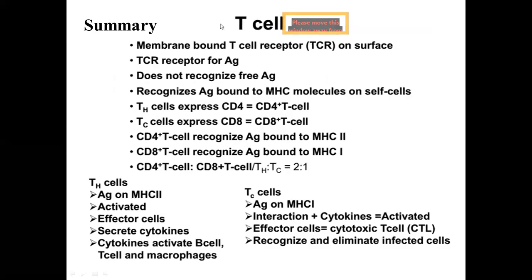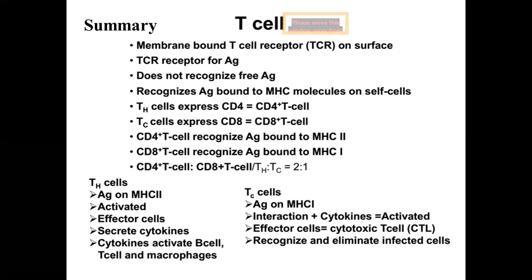Okay, so to summarize the T cell: it expresses a unique antigen-binding receptor on its surface called the T cell receptor. Remember, the T cell receptor cannot recognize the antigen alone. The antigen has to be processed and presented along with either a class 1 or class 2 MHC molecule. Only then will the T cell recognize the antigen complexed with class 1 or class 2.